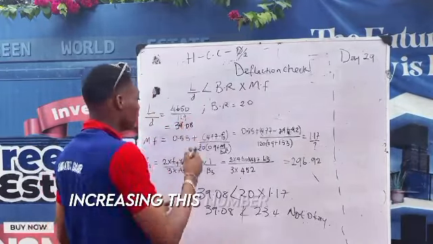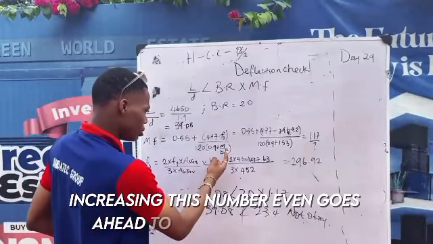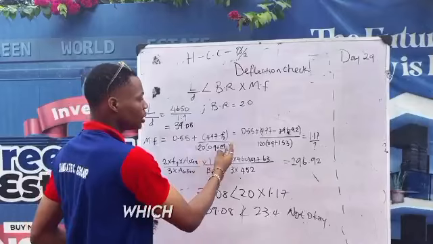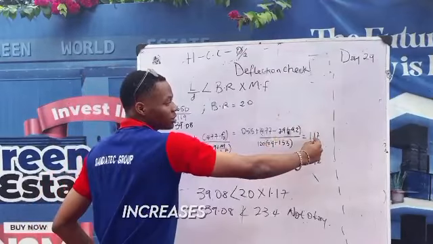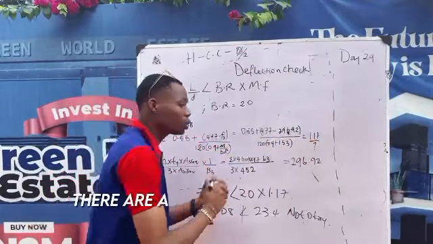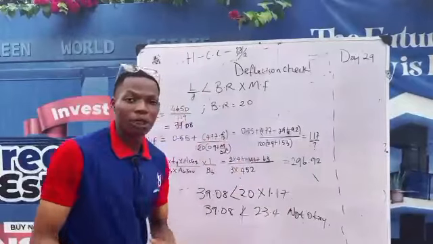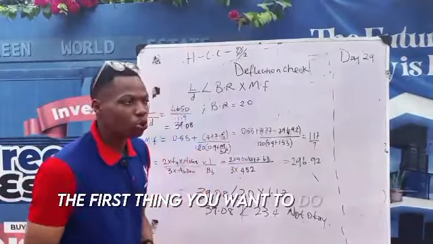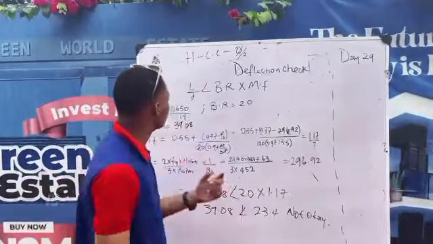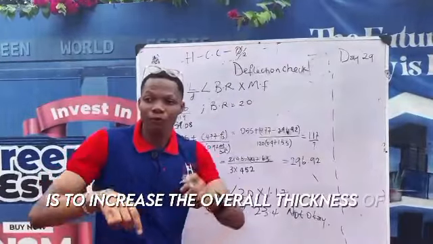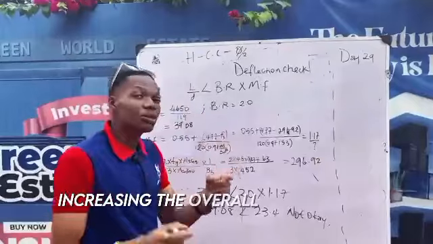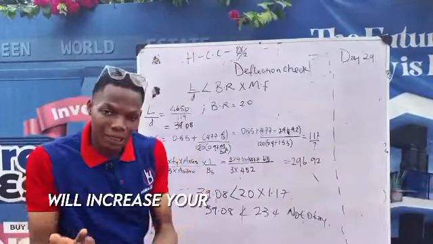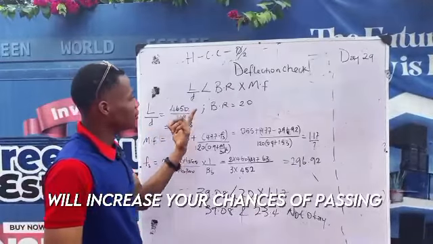So increasing this number even goes ahead to reduce this number, right, which in the long run increases this number. So there is a lot of English flying around here, but essentially when you have a failure like this, the first thing you want to do while you are redesigning is to increase the overall thickness of your slab. Increasing the overall thickness of your slab will increase your chances of passing deflection.